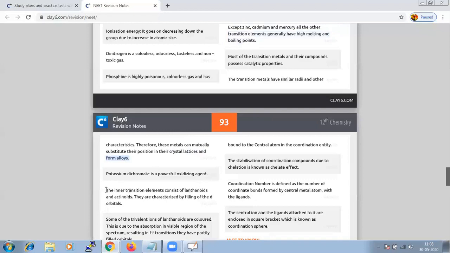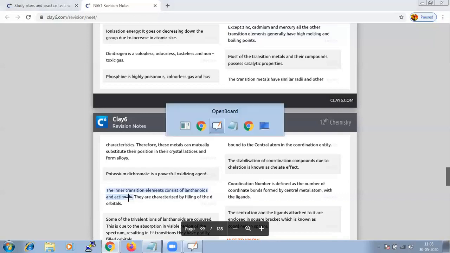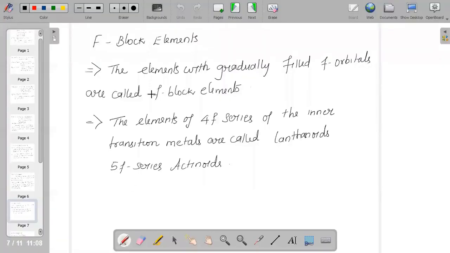And next one, we move on to our F block elements, that is the inner transition elements. When we say inner transition elements, the other name is F block elements. They are categorized by filling of the F orbitals.